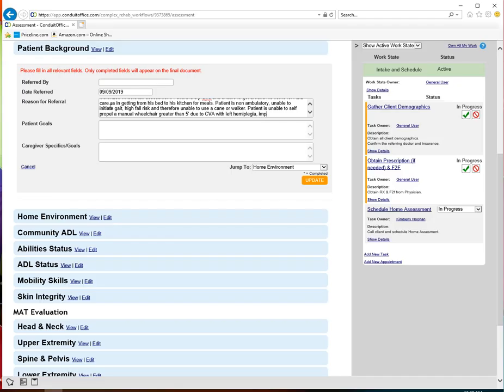He's got the impaired trunk control. We said he has impaired coordination. What other issues does our patient have that is causing him the inability to self-propel? He's got limited range of motion.